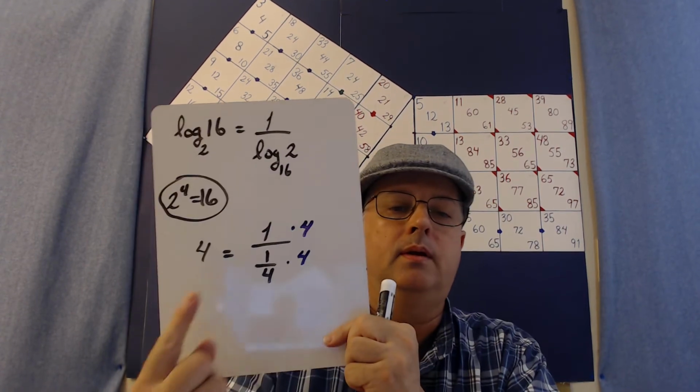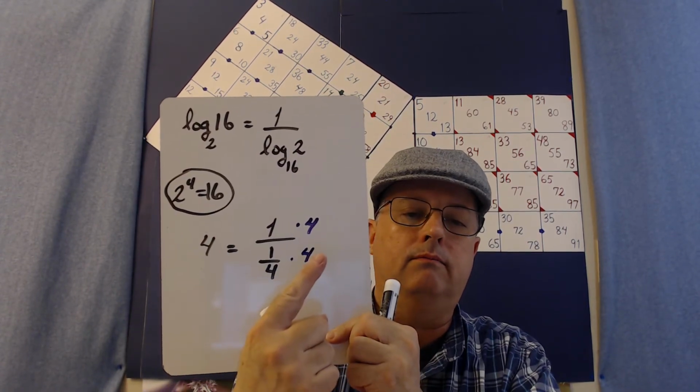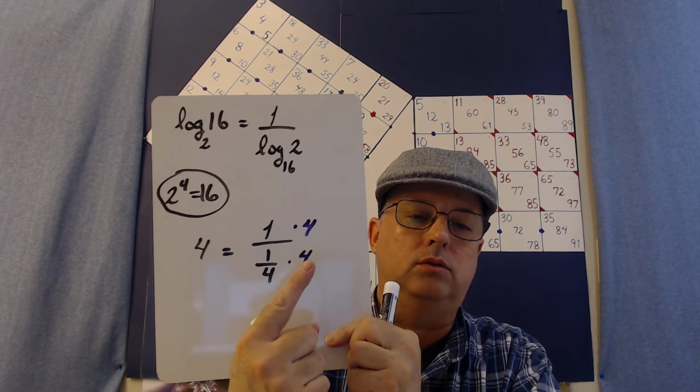We all know what happens here. You can multiply by 4 here and multiply by 4 here. And then those fractions cancel there, and we have 4 equals 4.